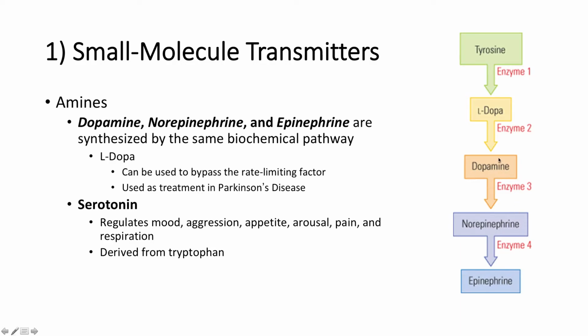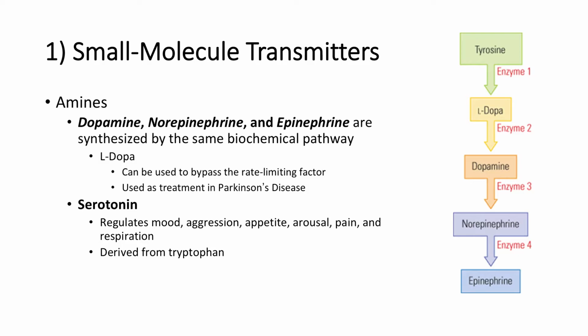From dopamine, using an enzyme, you can make noradrenaline, and from noradrenaline, using another enzyme, you can make adrenaline. The precursors of these are L-DOPA and tyrosine. An example of food that has a lot of tyrosine is harder cheeses, or also bananas.